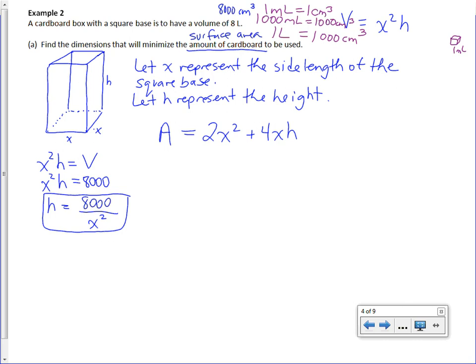That's the relationship between the height and the volume and x. So h is 8,000 over x squared. Again, you could isolate x there. There's nothing stopping us from isolating x there. But if I isolate x there, what's showing up? Square root. That needs to then go into both of these, you're going to have square roots of h's and stuff. It's going to be icky. Whereas at least here, I don't have to worry about any square roots. So you see that my area formula is now going to become an area function where A is going to be in terms of h's.